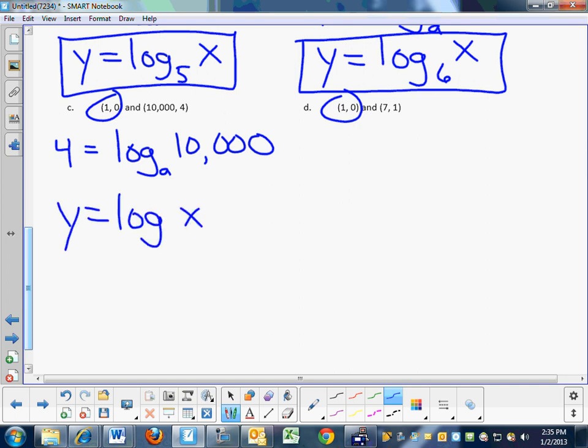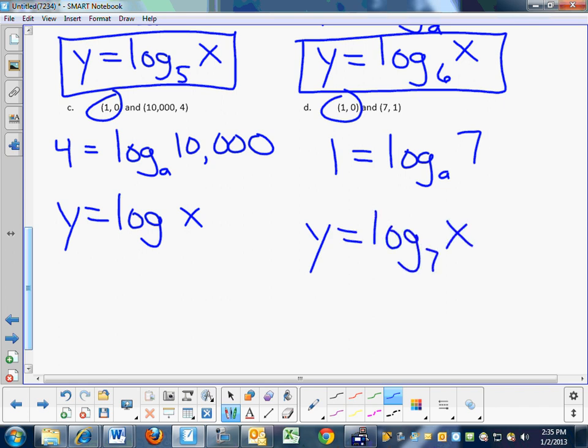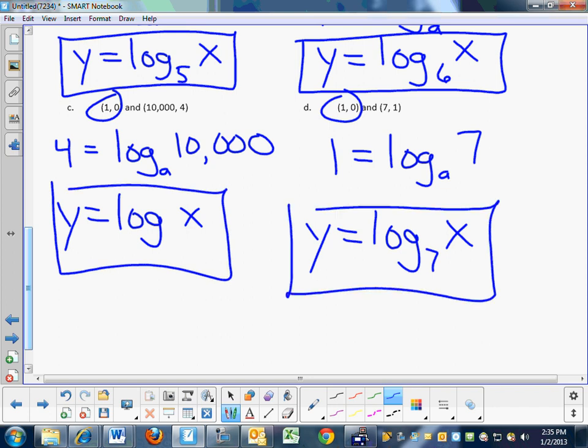I don't even have to write the 10 because 10 is assumed. And the last one, 1 is equal to log base a of 7. What number do you take to the first power to get 7? 7. Got it?